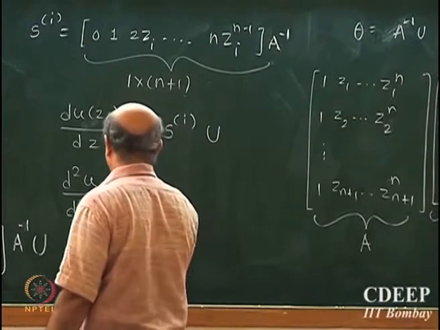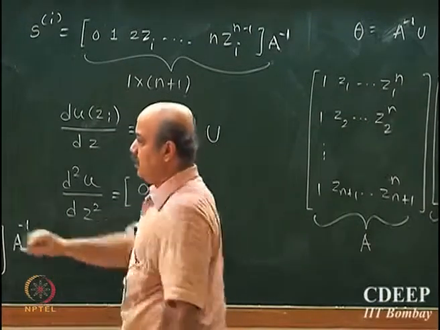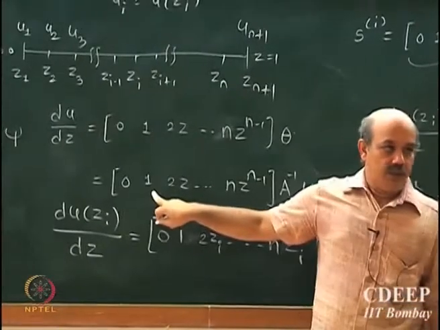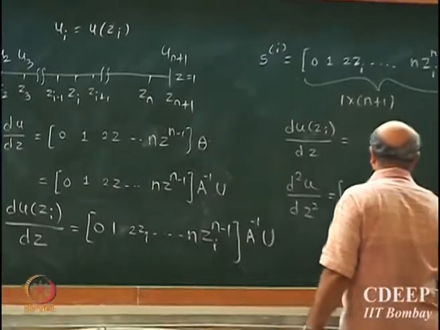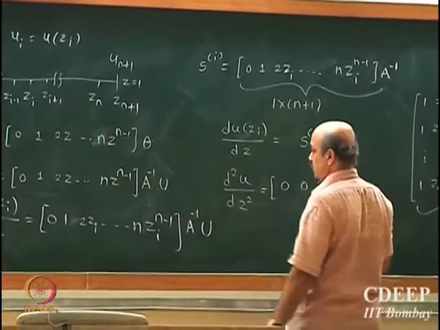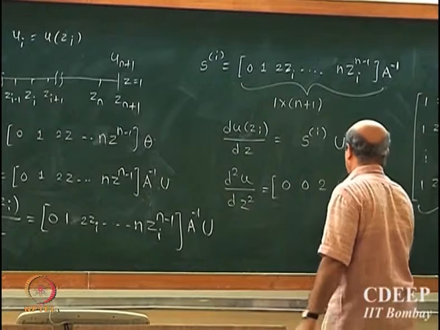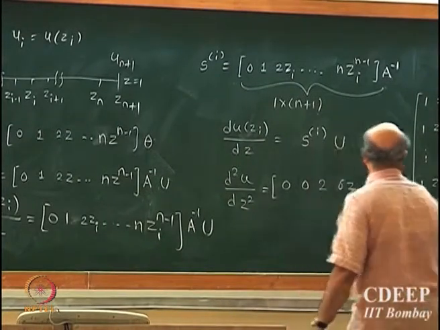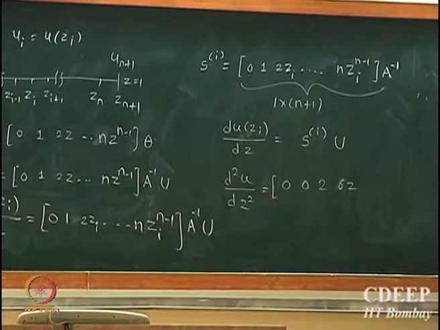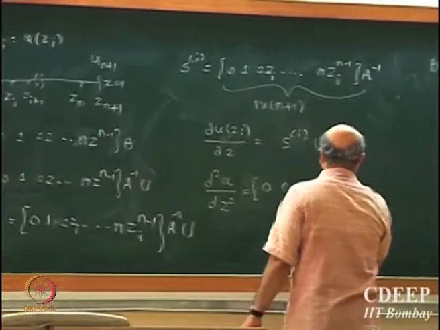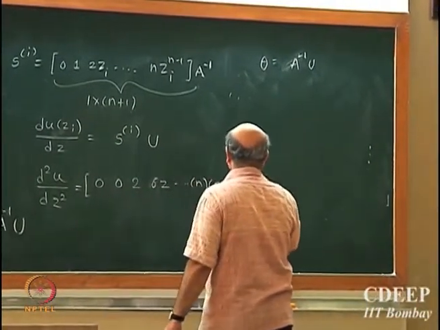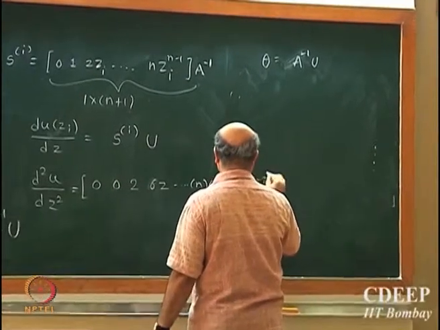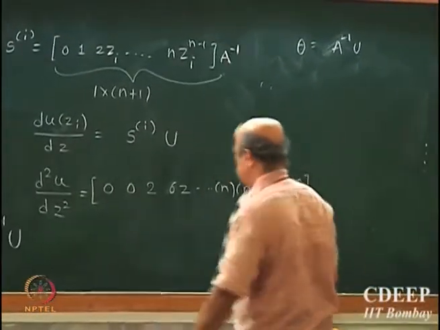This would be 0, 0, then 2, then 6z, up to n into n minus 1 z raised to n minus 2.